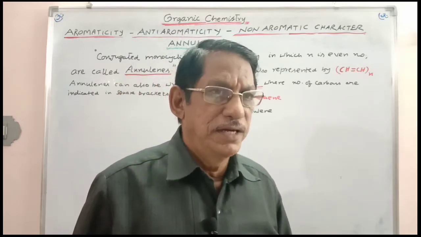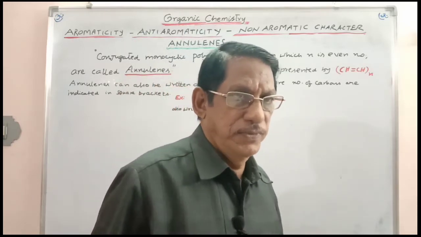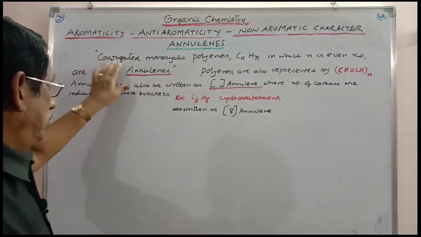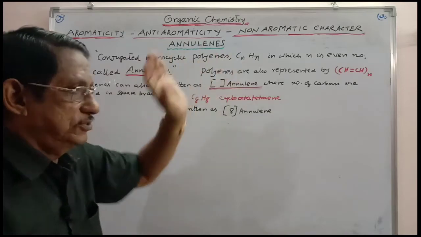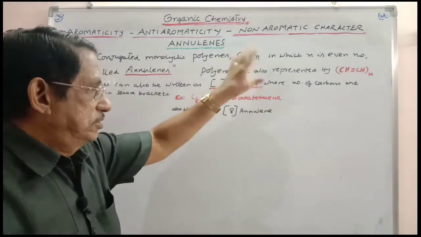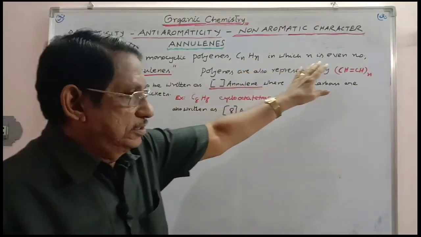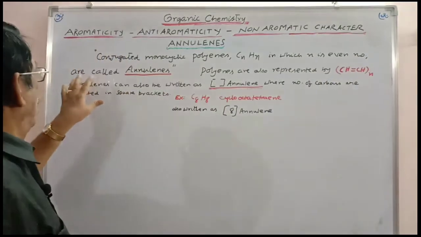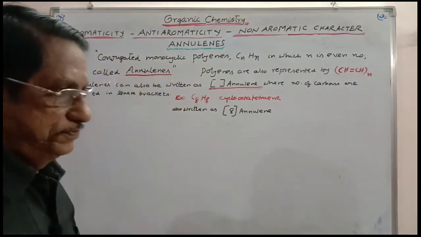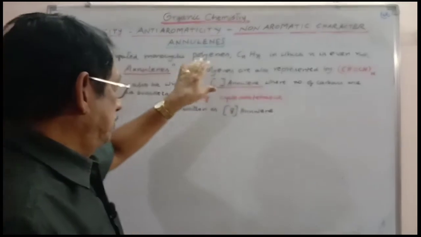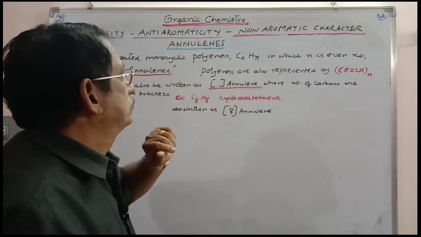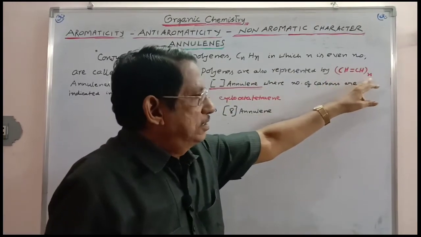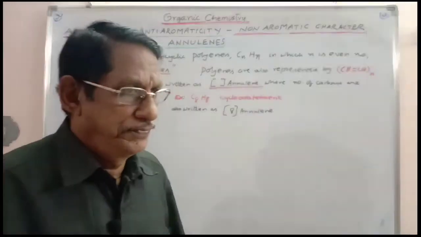Those are called annulenes. So by definition, we can write: conjugated monocyclic polyenes with formula CnHn, in which n is always an even number, are called annulenes.